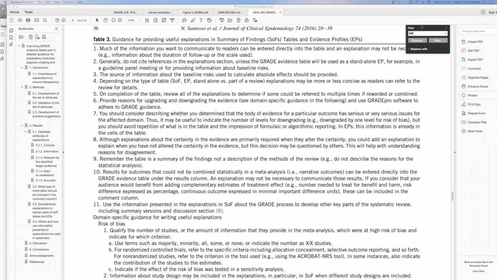That being said, if your choice is between not doing certainty of evidence assessments versus doing them with CINeMA because that's the feasible way for you to do it, by all means, we would encourage you to do so.